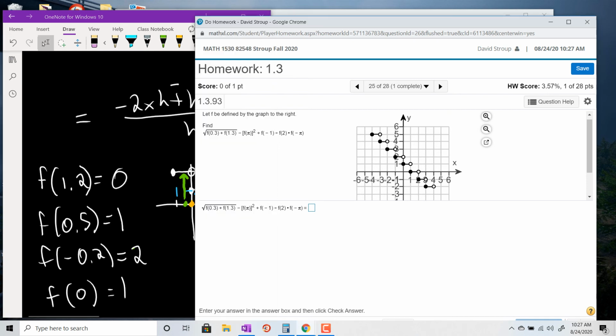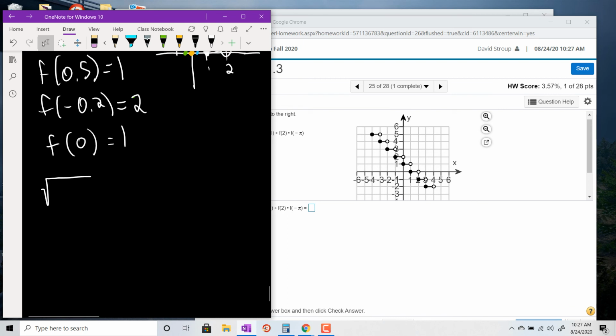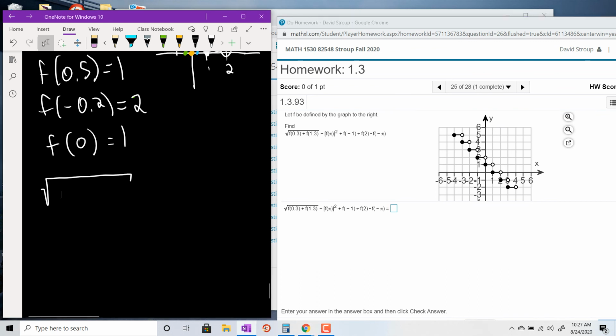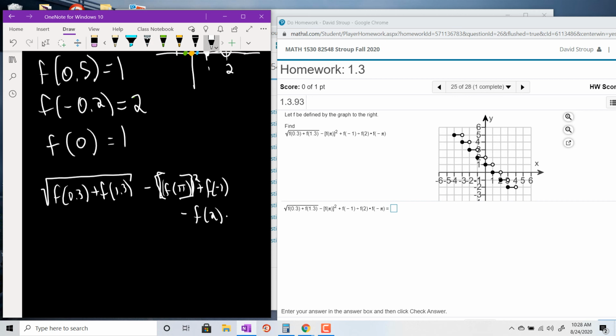Let me see what they're after here. They have the square root of some really big bunch of nonsense: f of 0.3 plus f of 1.3 minus big parentheses f of pi squared plus f of negative 1 minus f of 2, times, minus, this one part of it is squared, minus f of 2 times f of negative pi.